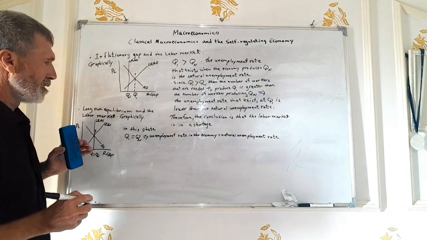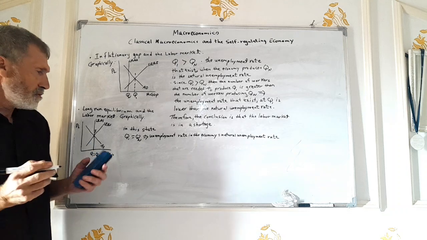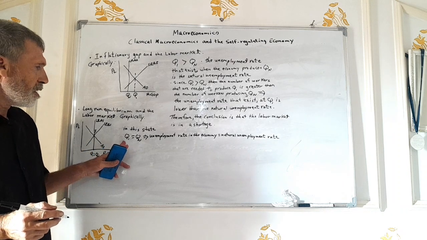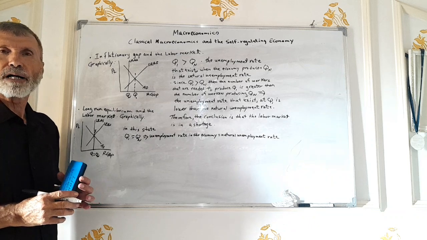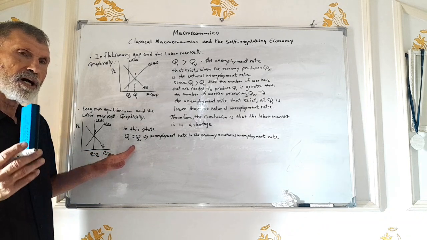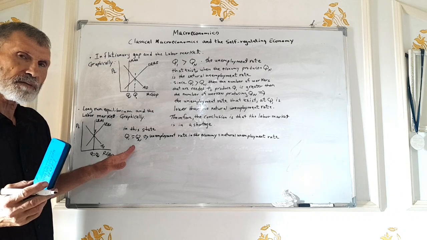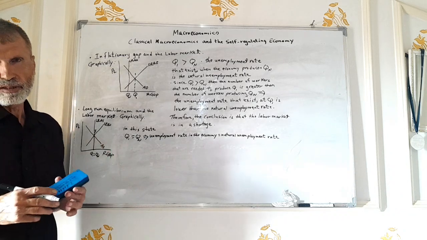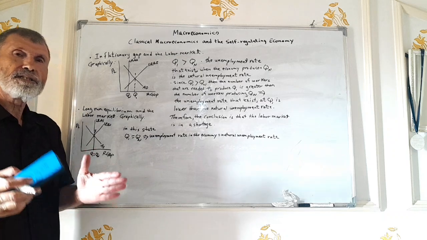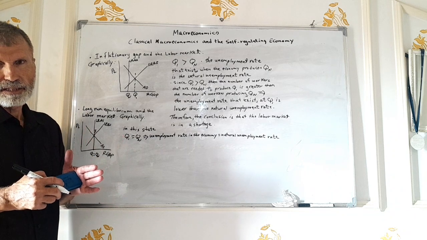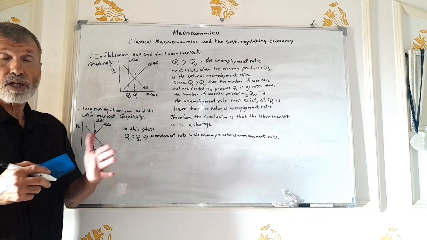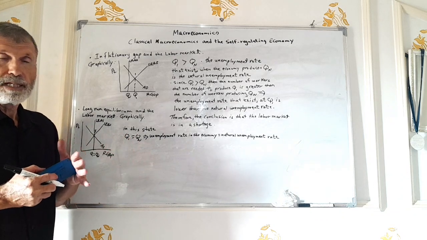The quantity of real GDP produced is the same as the natural GDP, which implies that the unemployment rate is the same as the unemployment rate that exists when the economy is producing Qn.